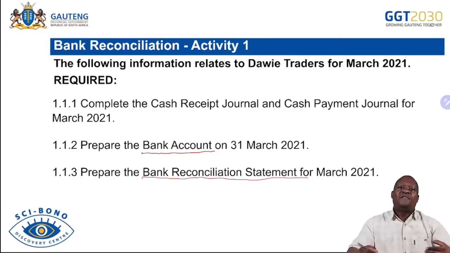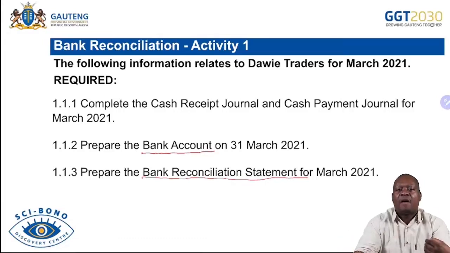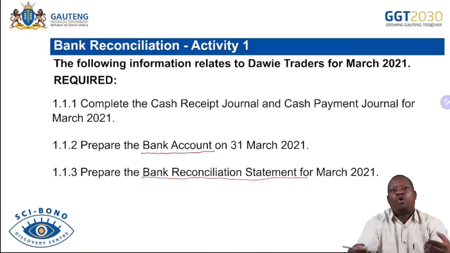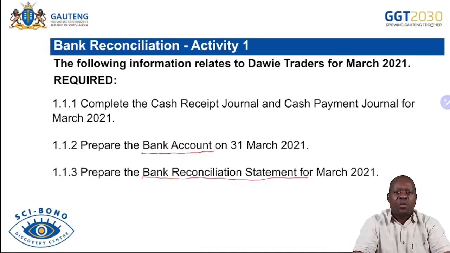So we are going to have our own extension of the bank statement in the form of bank reconciliation statement. It's our own continuation of the bank statement, so that we can check and see where we had some omissions, some errors, some mistakes, some fraud taking place, and we correct such.